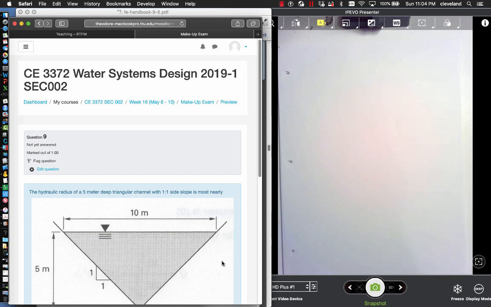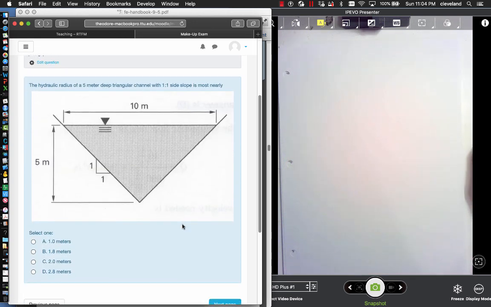We have the hydraulic radius of a 5-meter deep triangular channel with 1-to-1 side slope is most nearly. First we have to look up what a hydraulic radius is.